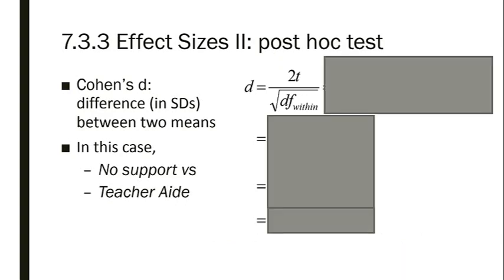We also did some post hoc tests, and in those post hoc tests what we found was that the only two groups that were statistically significantly different were the teacher aid group and the no support group. Now I'm not going to go through calculating effect sizes for pairwise comparisons that we found were not statistically significant. If you're being a completist, that's not a wrong thing to do.